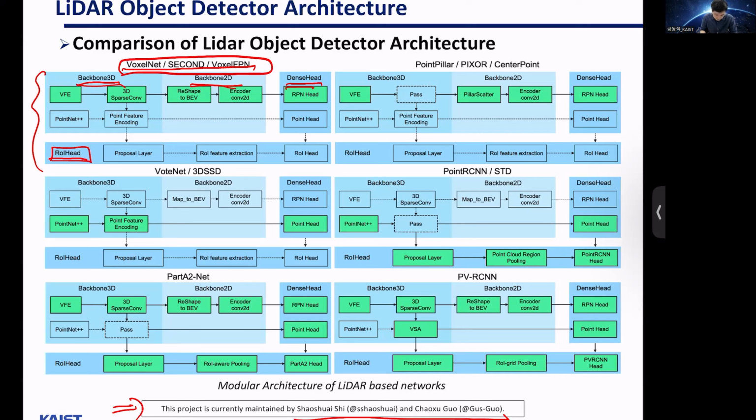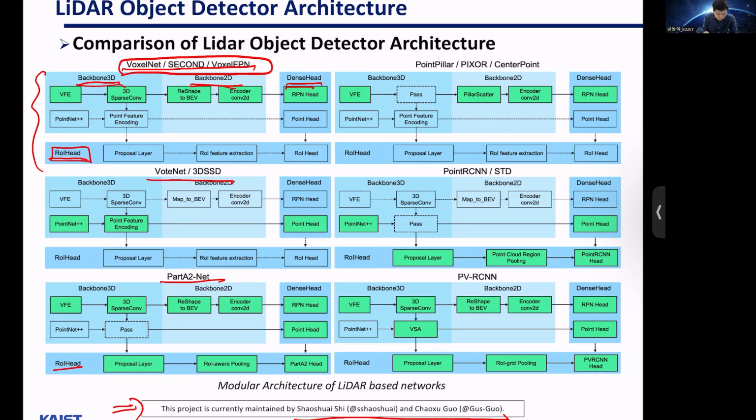And if you take a look at Part-A2 net, this network uses this ROI head pipeline module. So that indicates that this is a 2-stage network. Okay. And then let's take a look at this network, VoteNet, 3DSSD.